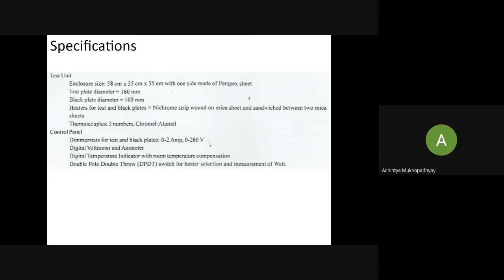If you have 2 dissimilar metals joined together, and the 2 ends are maintained at different temperatures, then this temperature difference will generate an EMF which will be directly proportional. So if you're measuring the EMF, you can get the temperature.